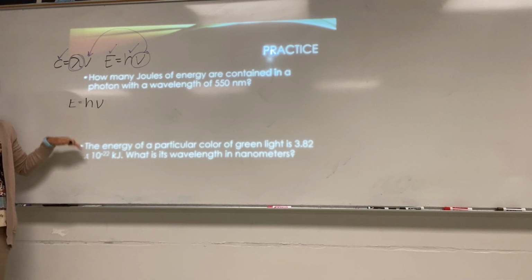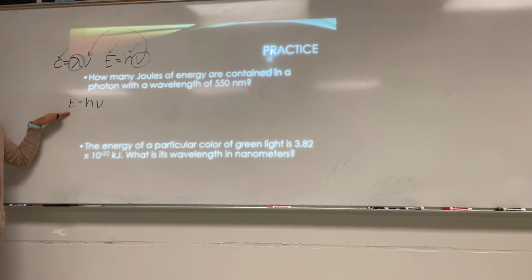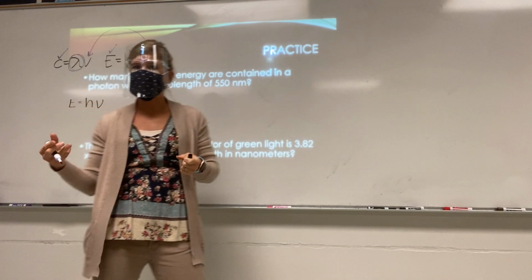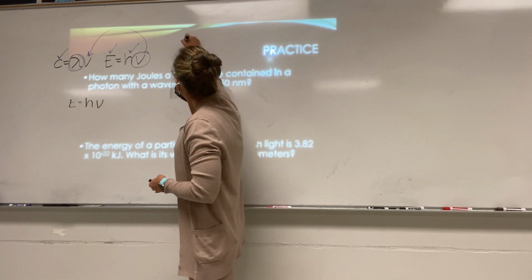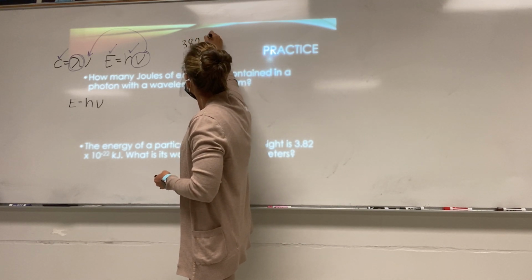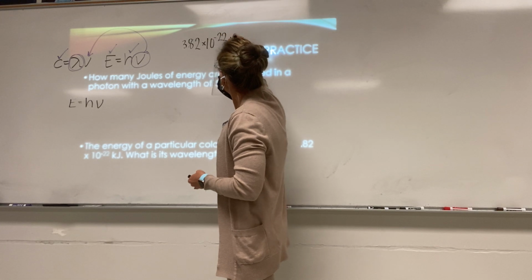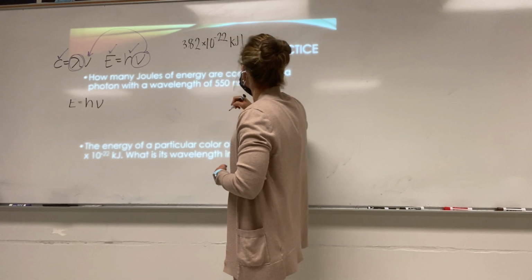Can I plug this energy in to the problem? No, why not? It's in kilojoules. But I know how to convert from kilojoules to joules, right? So let's do that. Over to the side, we have 3.82 times 10 to the negative 22nd kilojoules.